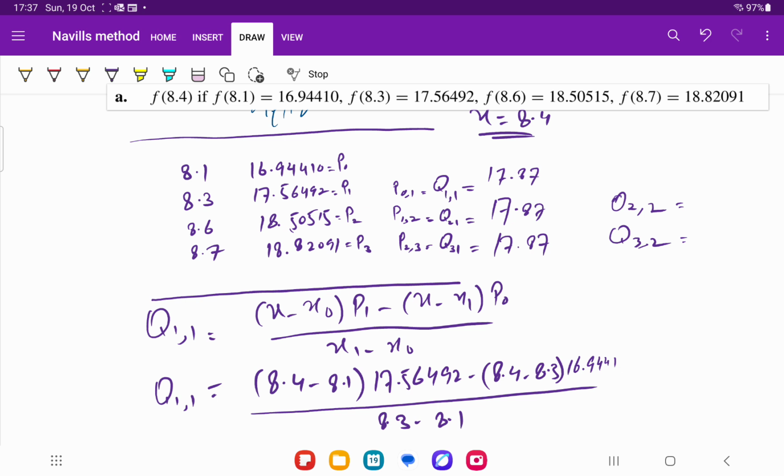So I will use color. For this iteration, I'm coloring this. You will use 8.1 and 8.6. Okay, and for the next iteration I'm coloring with blue, so you will be using these 2 points. Okay, and correspondingly you have all the points already.